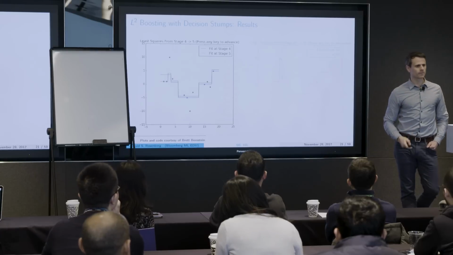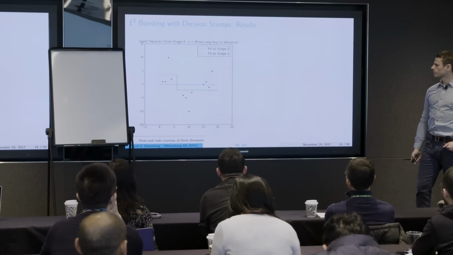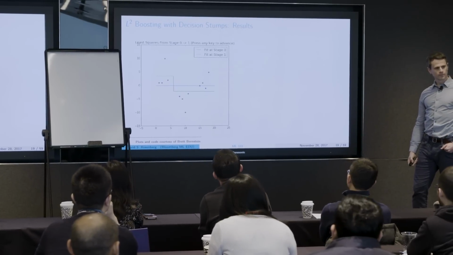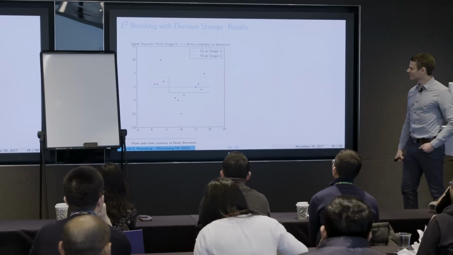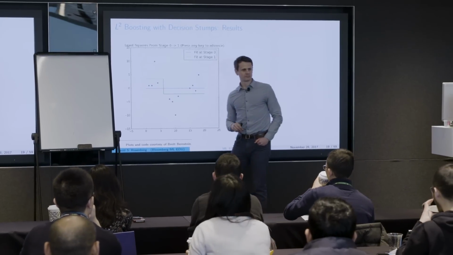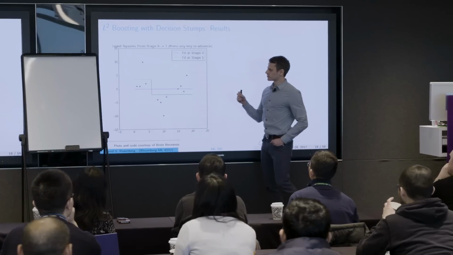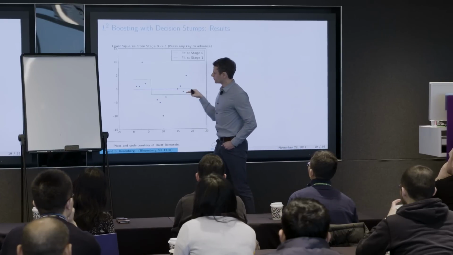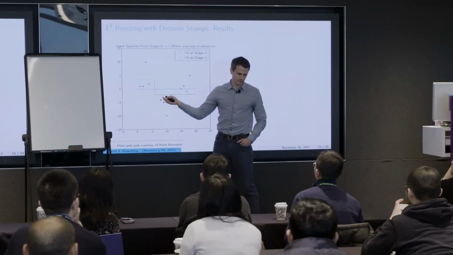Could you go back to the first one? So we start off with a prediction function constant at 0. So how did our stump get two different values? We fit the residual, so we measured the residuals. First of all, when our prediction function is 0, the residual is the original data.